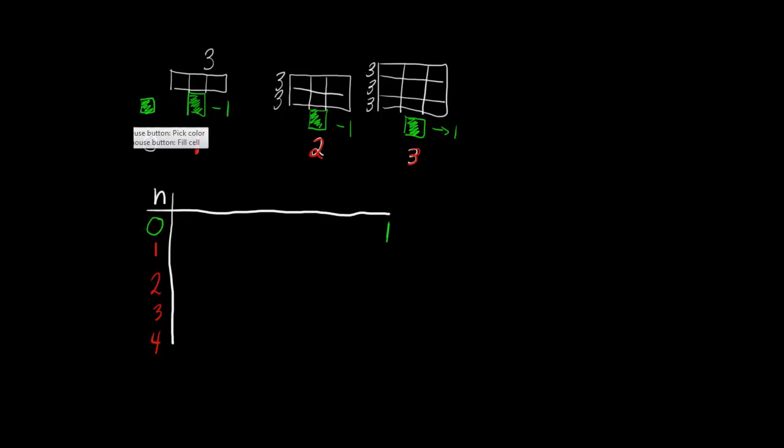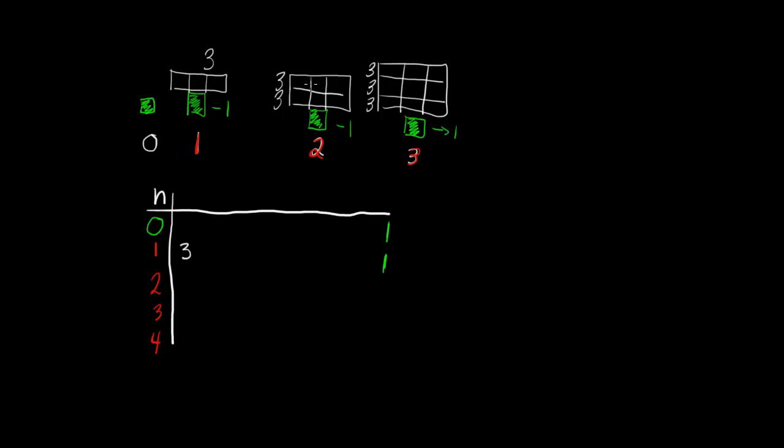Then in our first picture here, we've got a value of 3 white blocks, and then that one green block, for a total of 4.